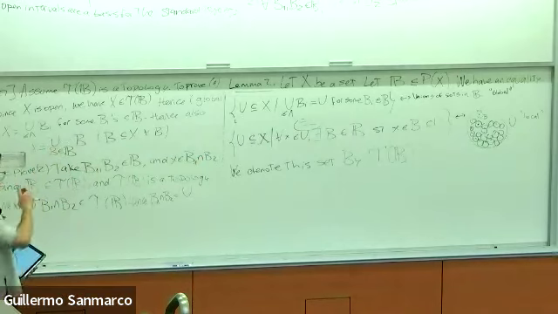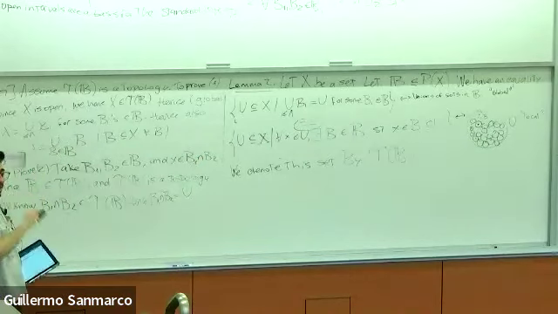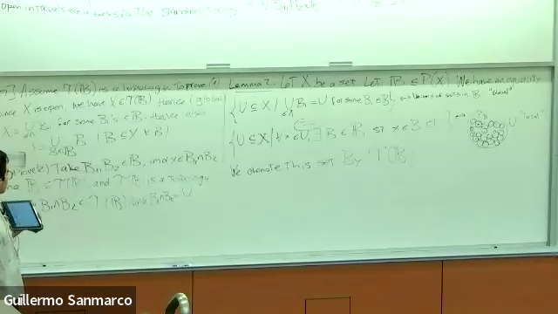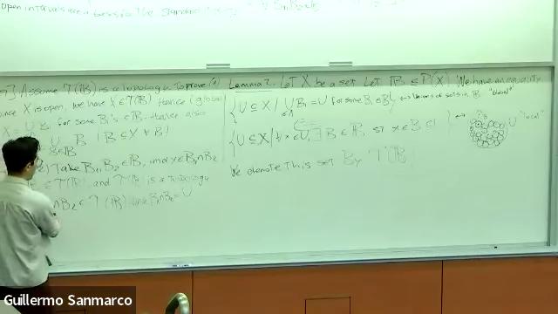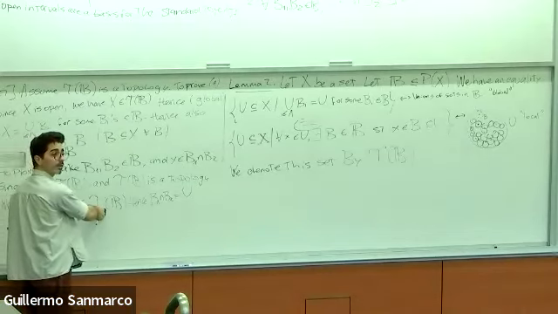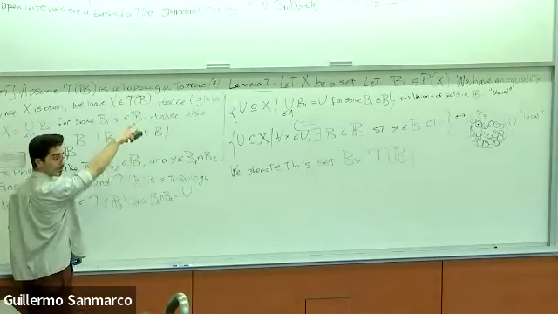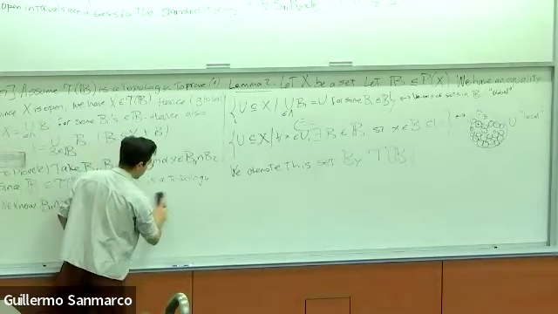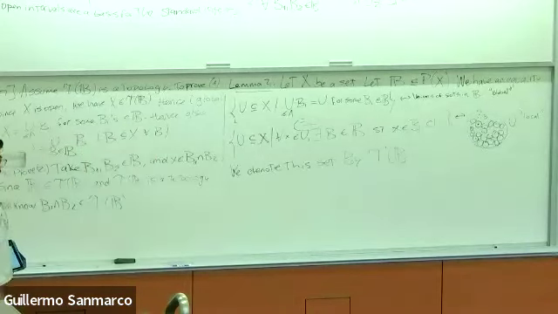I want to prove 2. And I was going to use that T of B is a topology. That's okay. But I can also use my local description of T of B. And I know that's true by the local description. Do you follow? We know this.